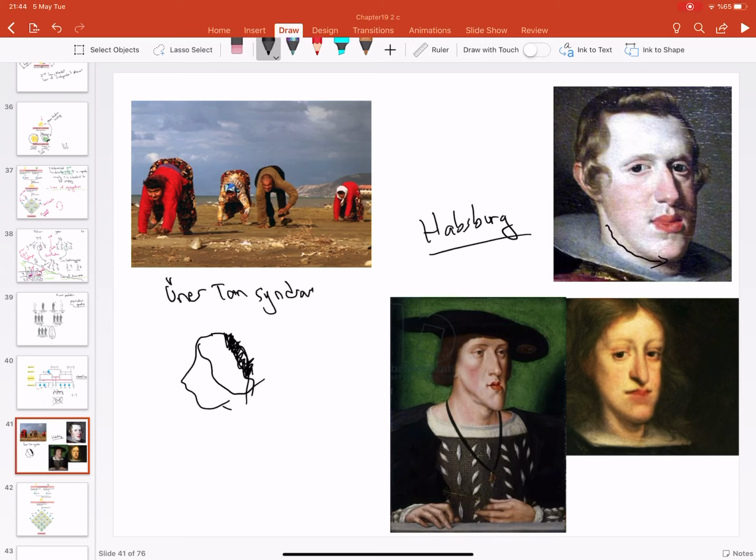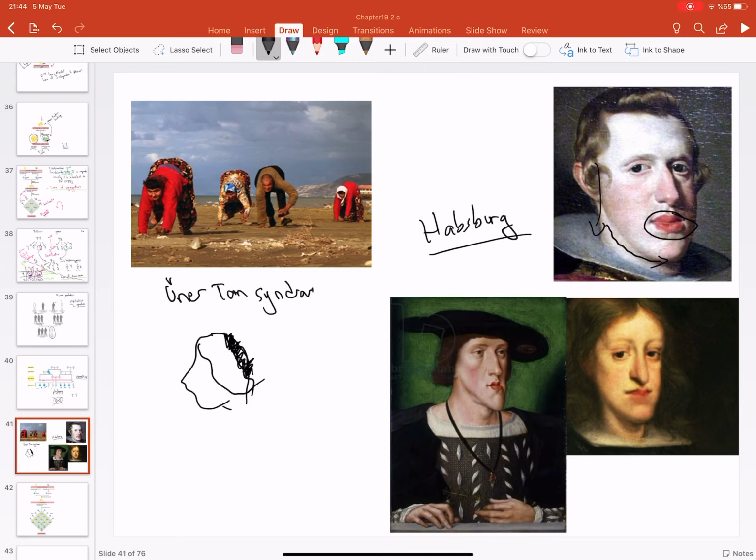At first it just looks a little strange, but it doesn't look like an abnormality. But as they kept inbreeding, by the way, they were really proud of their prominent jaw, this lip structure and this elongated face. It was seen as a kind of proof that one belongs to the Habsburg family.